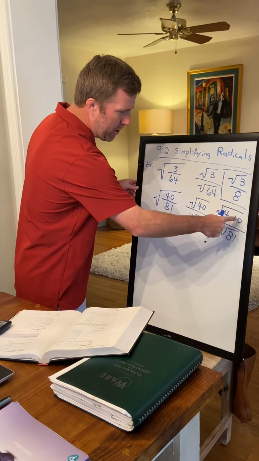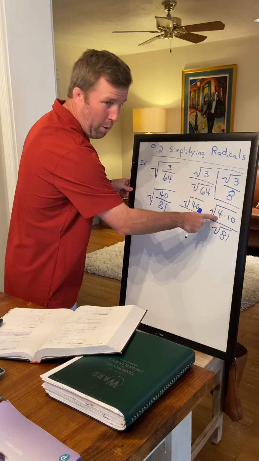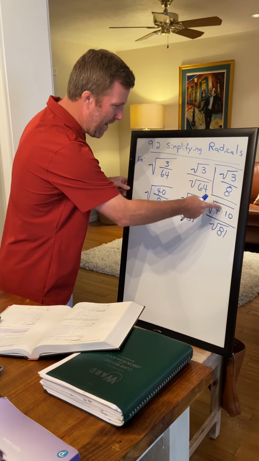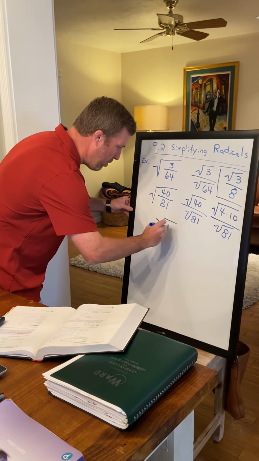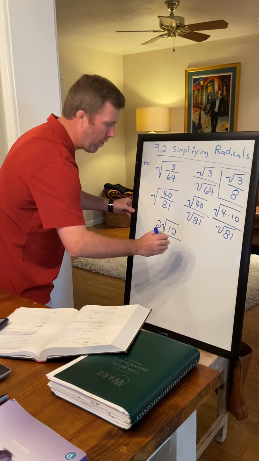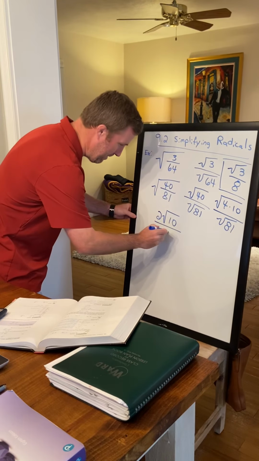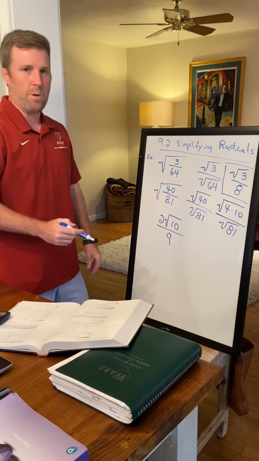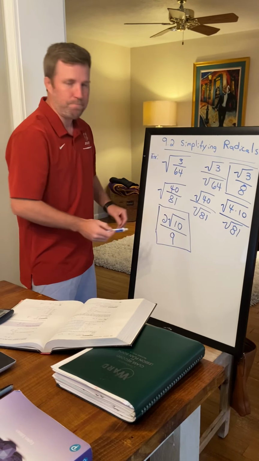Look underneath my square root, my radical here. The square root of 4 is a perfect square, which is 2. So we're going to bring that 2 out front and write 2 square root of 10 over, and we know that the square root of 81 is 9. So my final answer is 2 times the square root of 10 over 9.